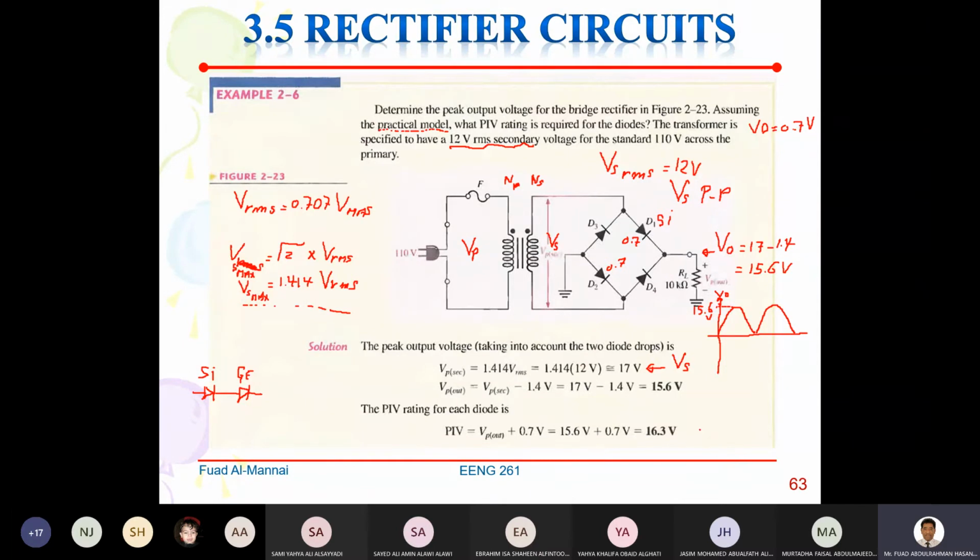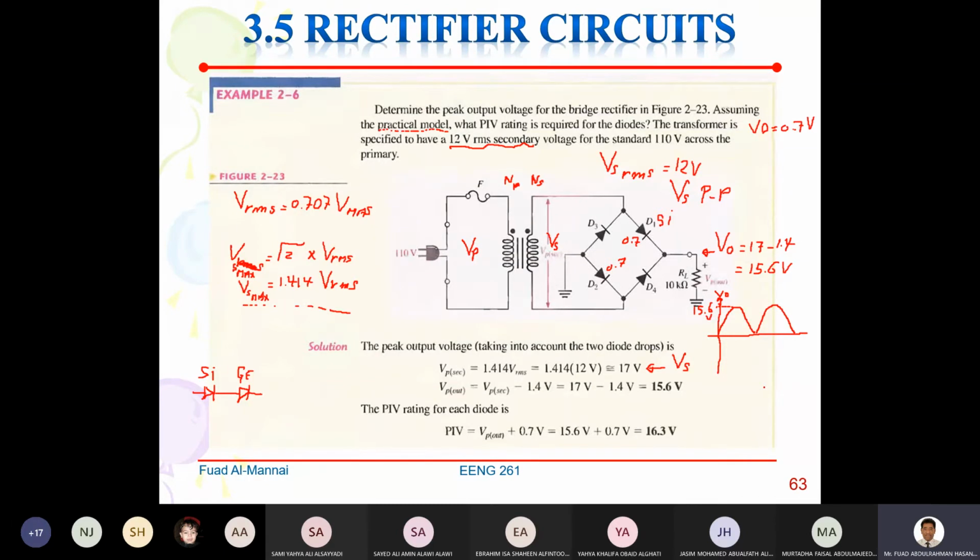If you want to draw the V out, it will look like this, with two humps like that, and this voltage here will be 15.6 volt. Everybody see that?